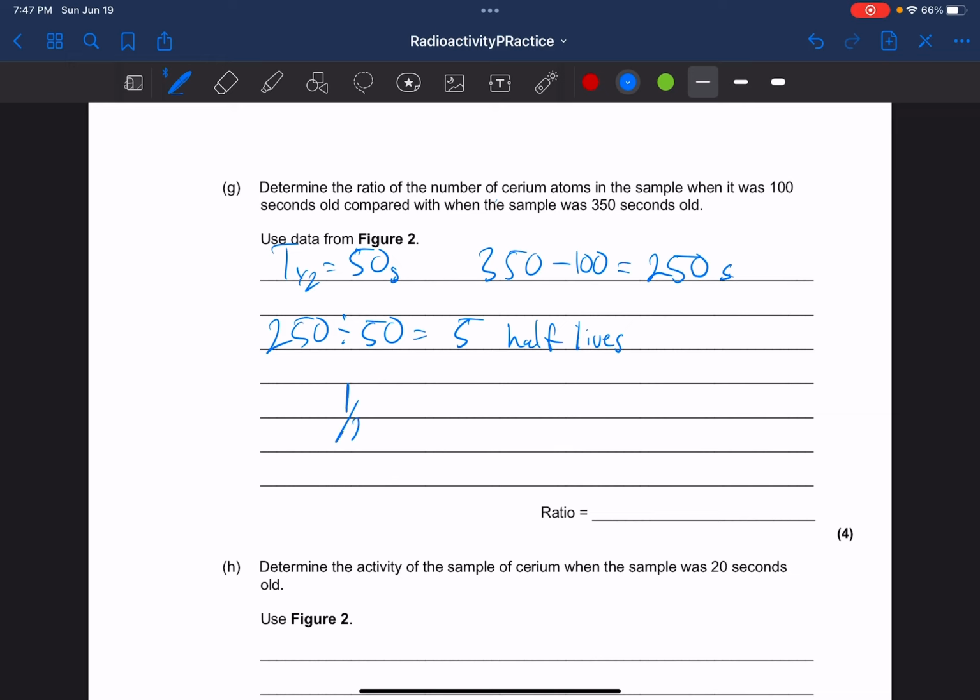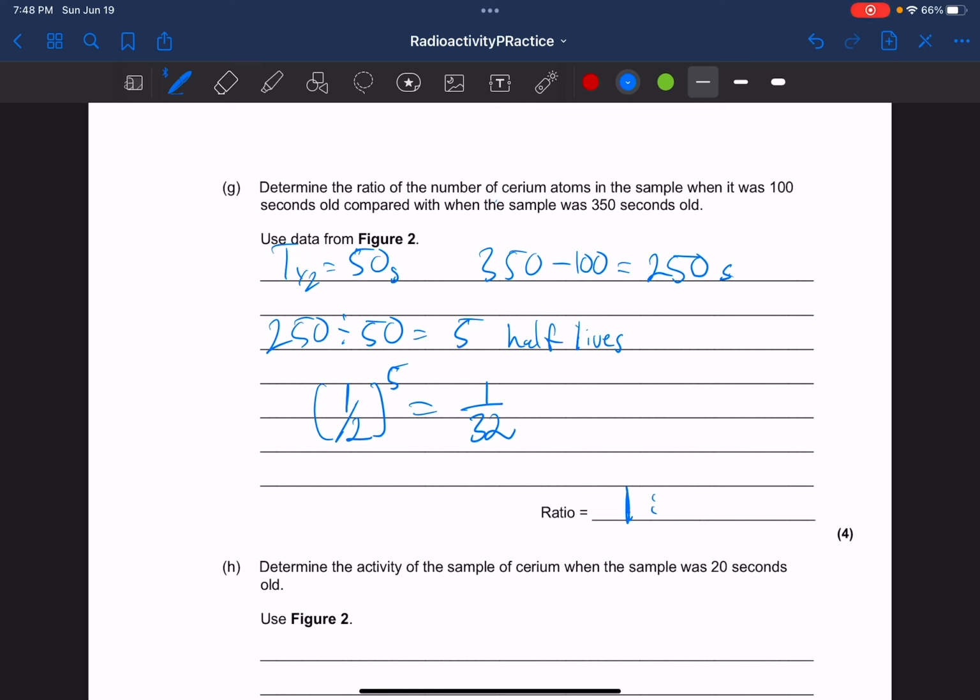One half-life is 1/2, and it's going through 5 of them, so 1/2 to the power of 5. 2 to the power of 5 is equal to 1 over 32. So the ratio is 1 to 32.